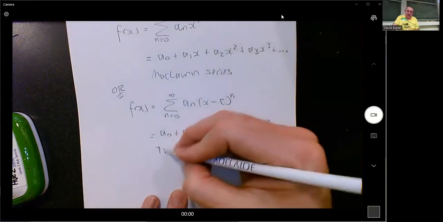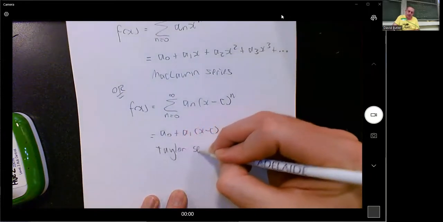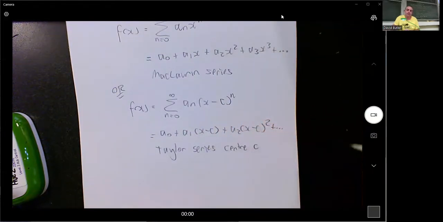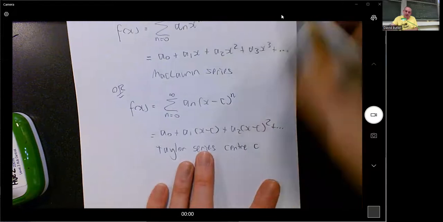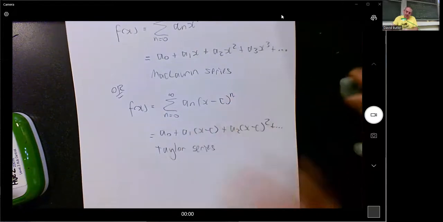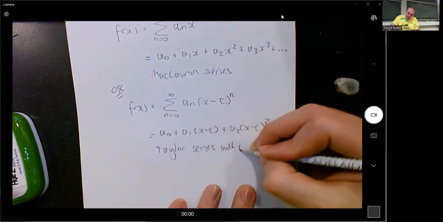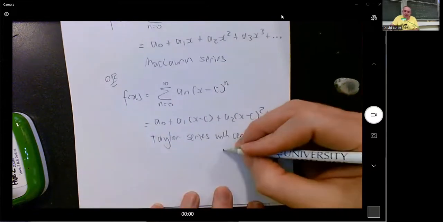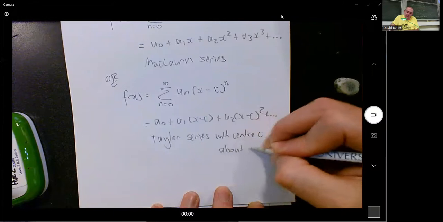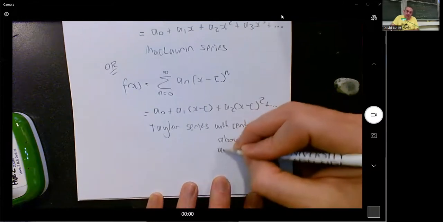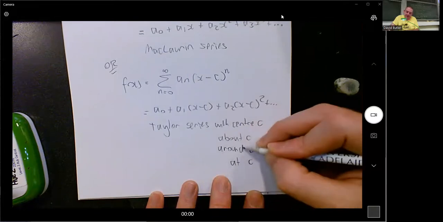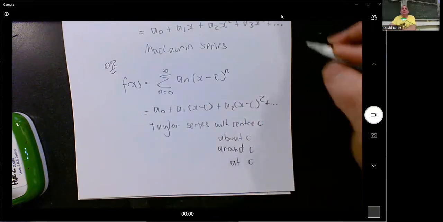And this is a Taylor series with center c. Or sometimes they call it a Taylor series about c or around c or at c. Any of those are things that they can say.